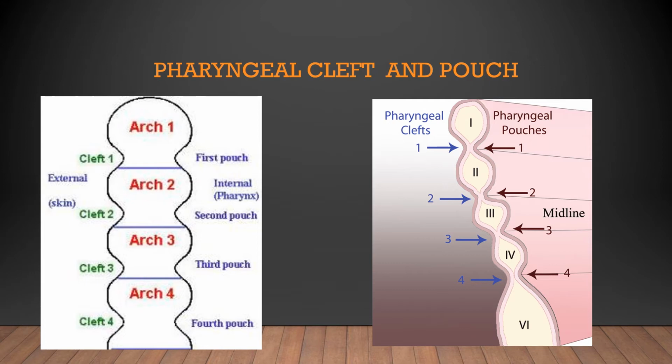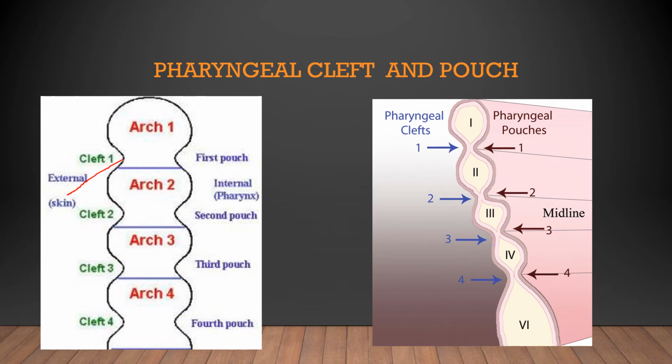This is the mesodermal arch, and its outer side is lined by ectodermal layer, which is called the surface ectoderm.